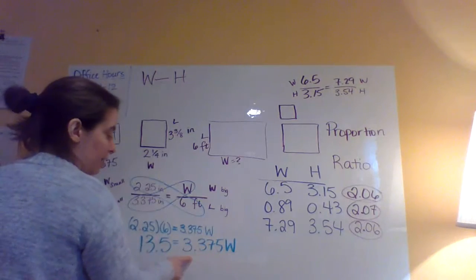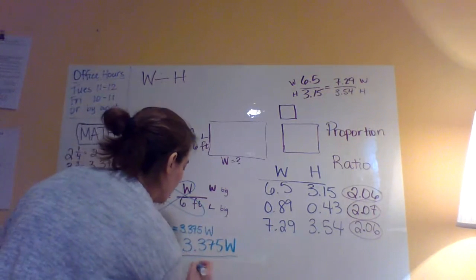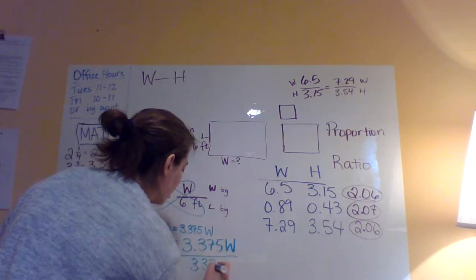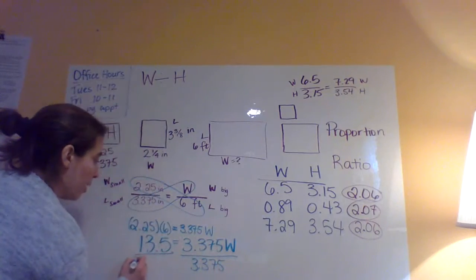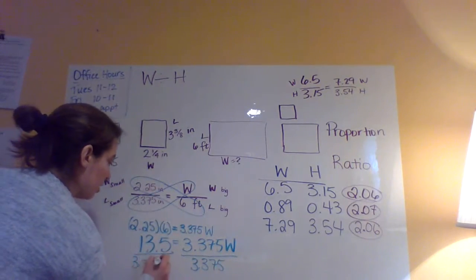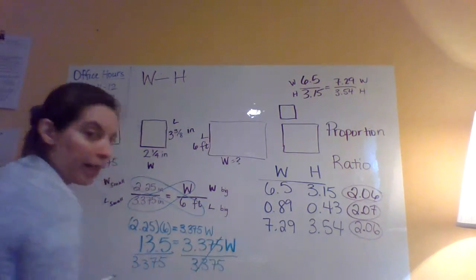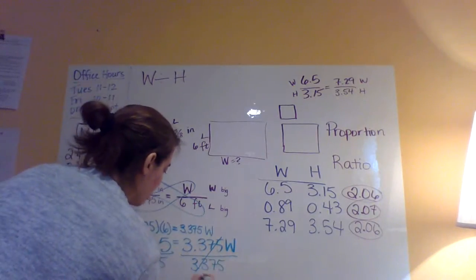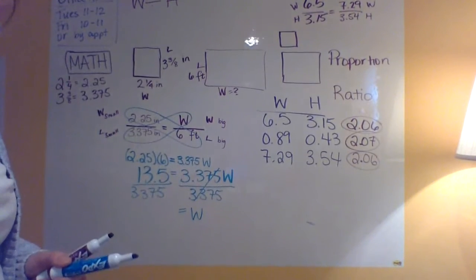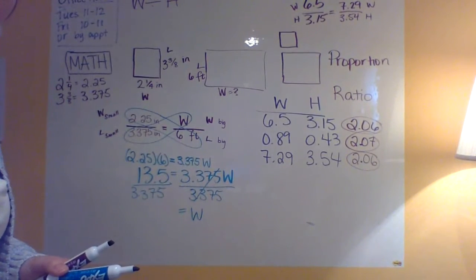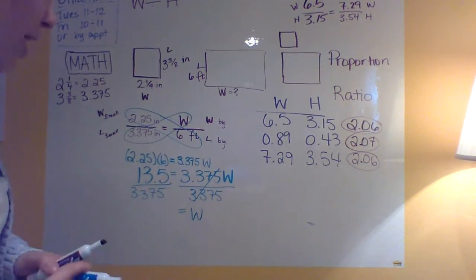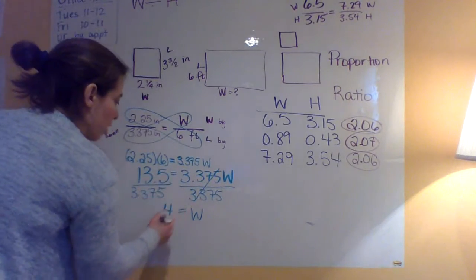I want to get W by itself. I'm going to divide by whatever's in front of it because I want one W here. Okay, so W is going to equal, let's see, 13.5 divided by 3.375 is going to be 4.